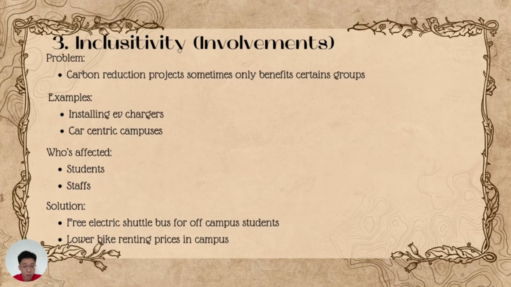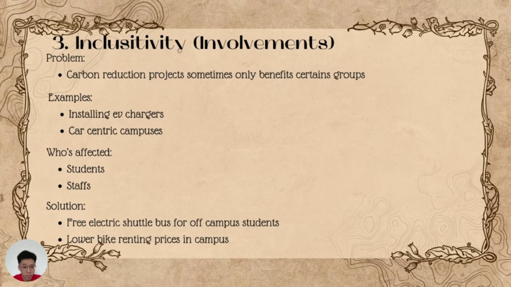Lastly, I will talk about how the carbon footprint project relates to inclusivity. The problem with this factor is that carbon reduction projects sometimes only benefit certain groups. Let me give you an example, such as installing EV chargers. Installing EV chargers only benefits those who drive EV vehicles, and as we know, EV vehicles are expensive, and not the majority of students or staff can actually afford one.